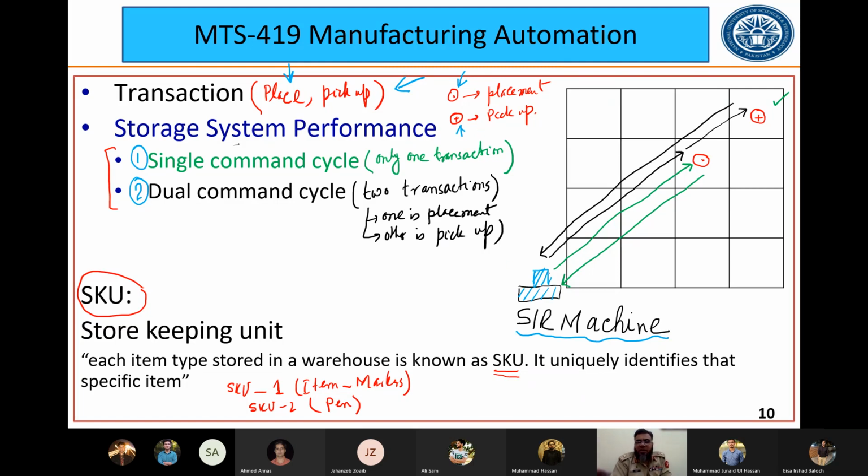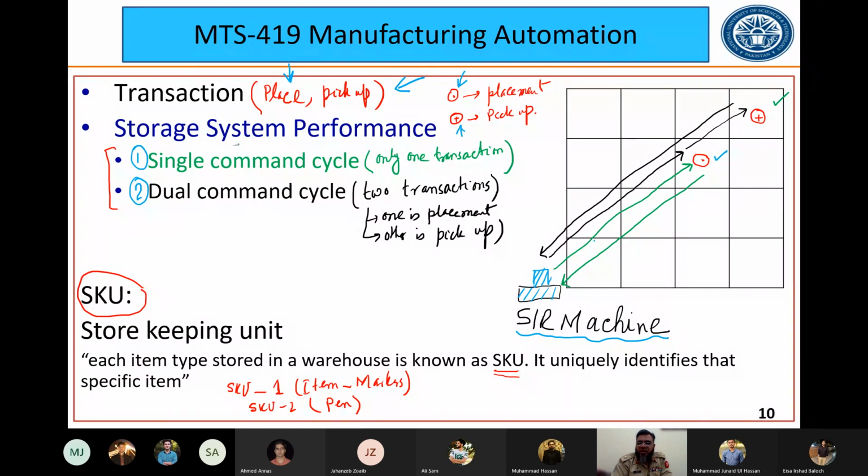So now let us see the two arrows which are here, which are green in color. This is the single command cycle. So what happens? The SR machine will move as shown by the arrow, and it is going to place the item here and will come back to its original position.